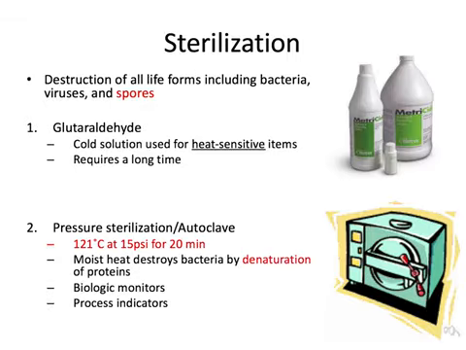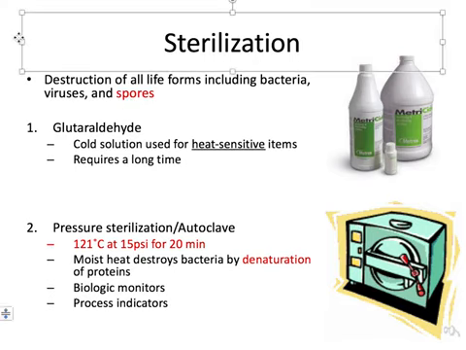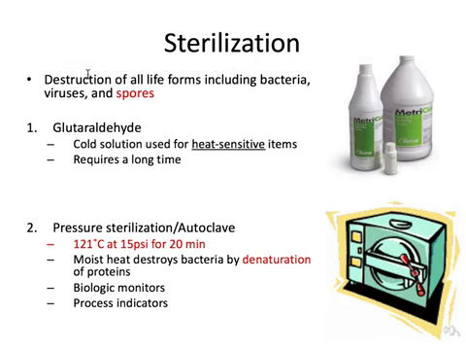All right, now let's talk about some specific methods of sterilization. So sterilization, an incredibly important definition, involves the destruction of all life forms, including bacteria, viruses, and spores. So that's really important that it includes also spores, because other methods that we'll talk about will not take care of these spores.